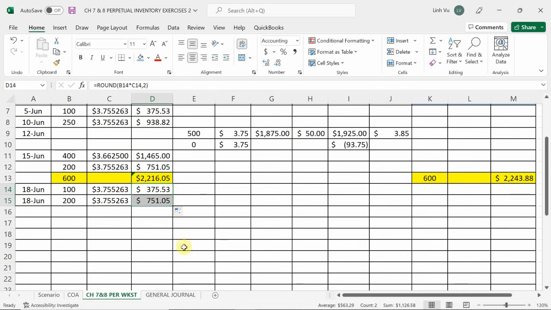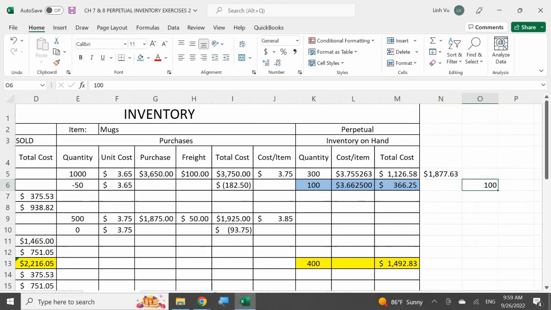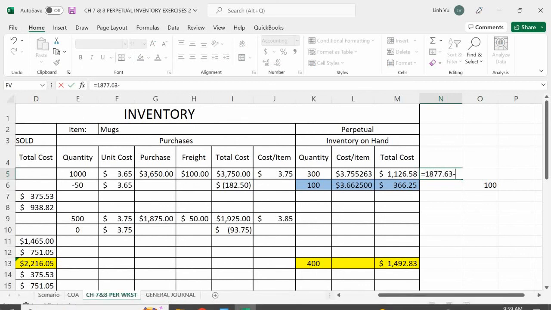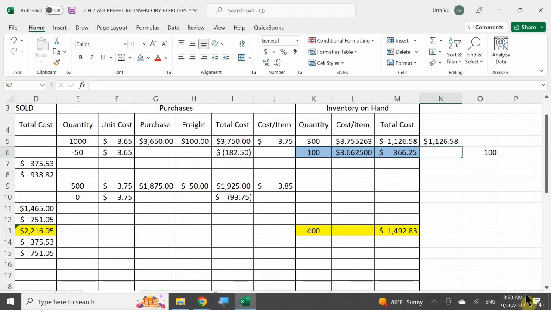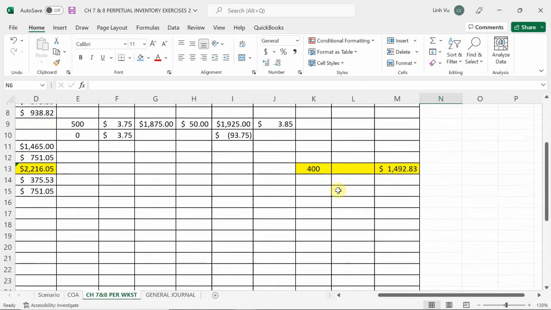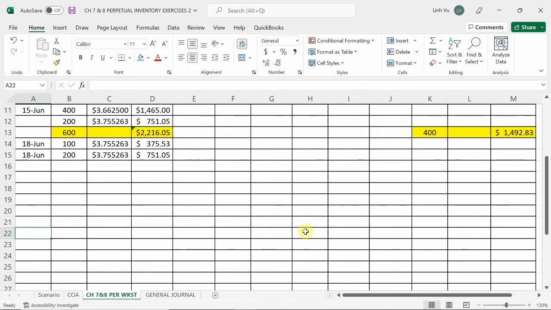Good. $751.05 for 200 units. So in this case, I have to subtract 200 units. That will give me 300. And then we're at 1,877.63 minus 751.05, which should be $1,126.58. Good.